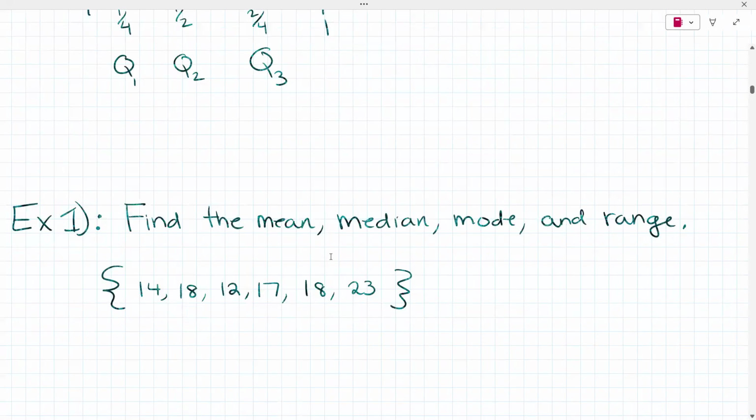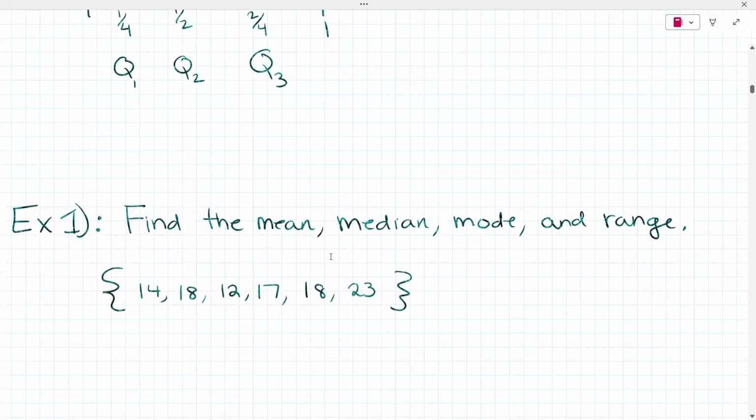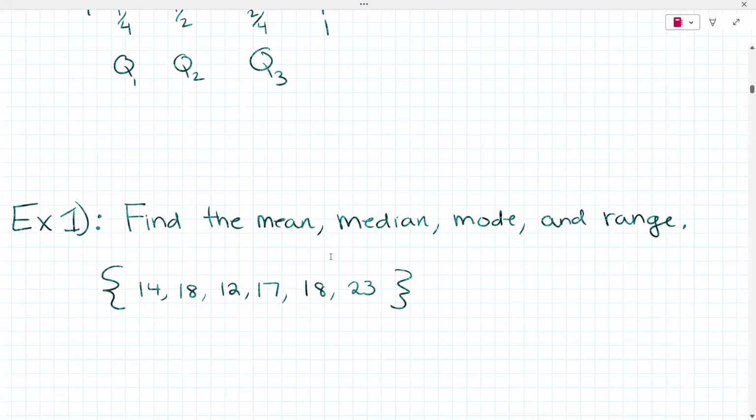So now let's start with an example. I went over all these terms, so let's actually find them. Example 1 says find the mean, median, mode, and range.